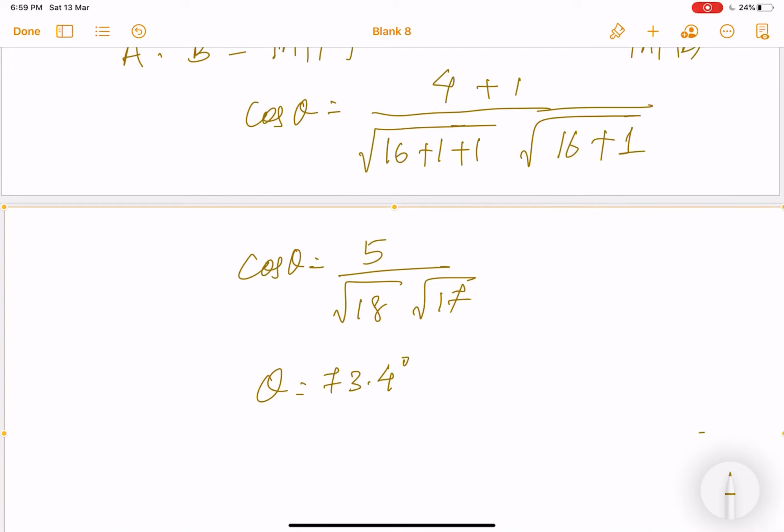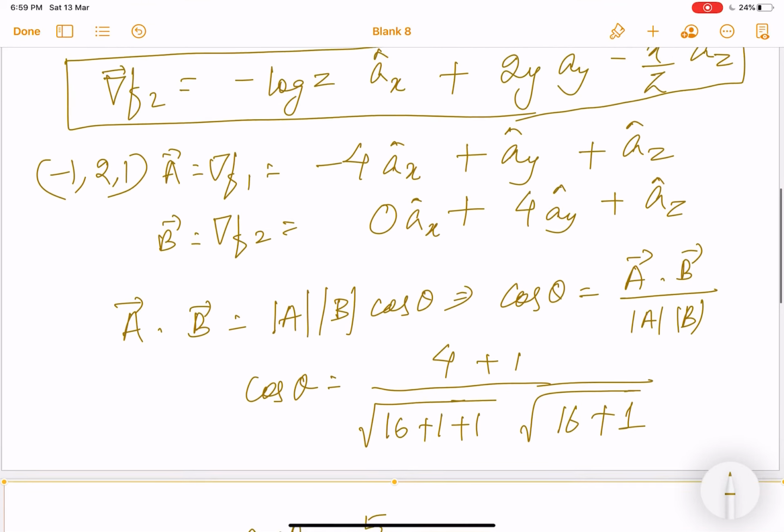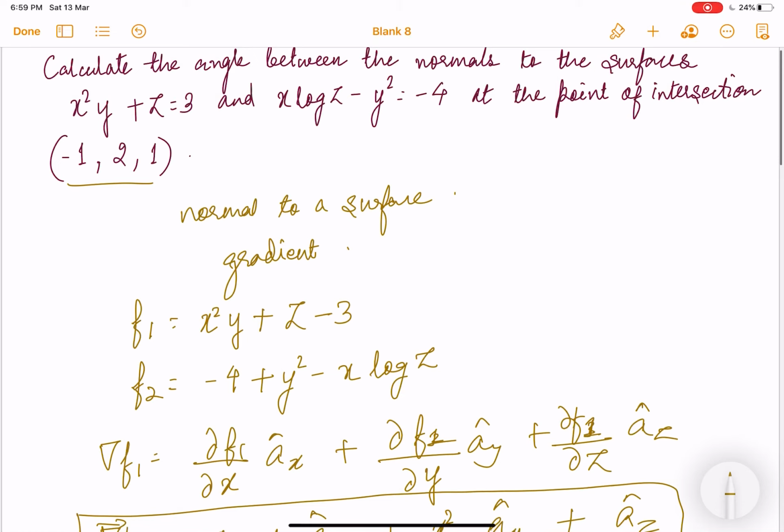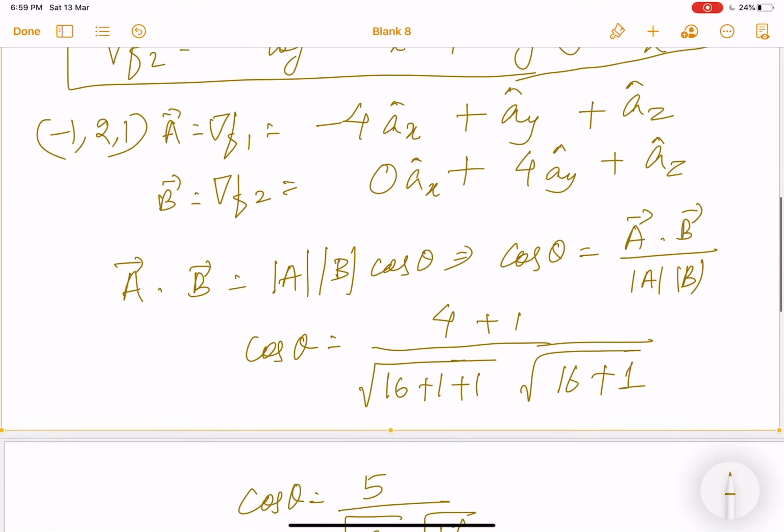You must have noticed I have taken just one type of representation. I could have also taken 3 minus z minus x squared y, and another alternative, 4 minus y squared plus x log z. Depending on which way you take your surface, you'll get different values. You must be wondering why.